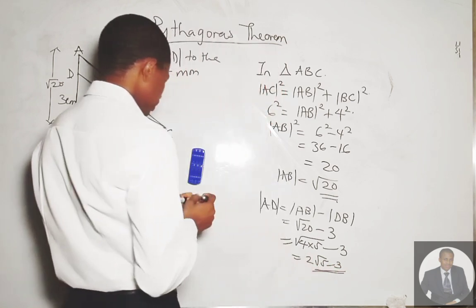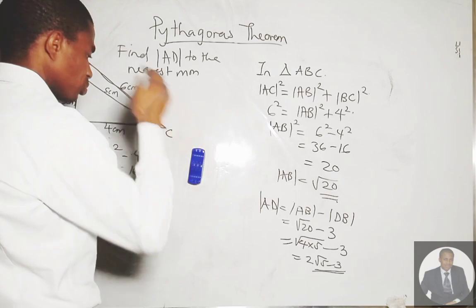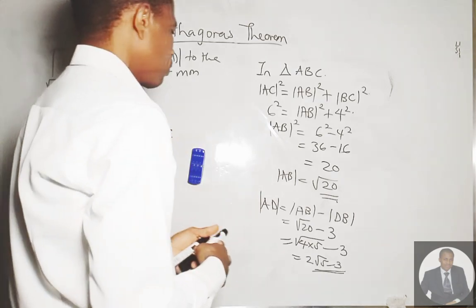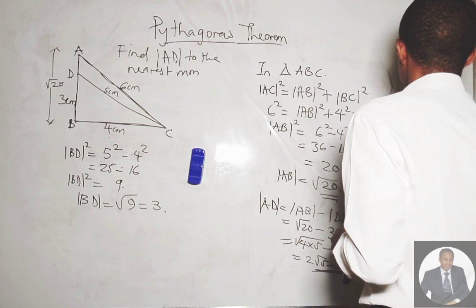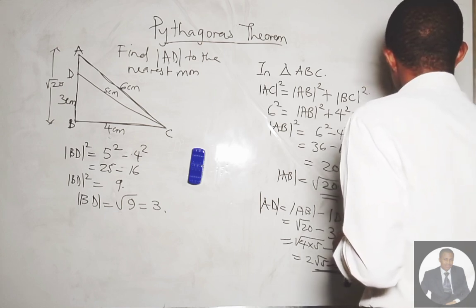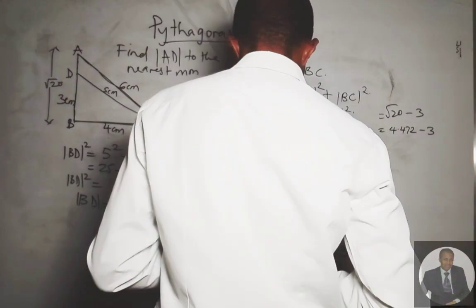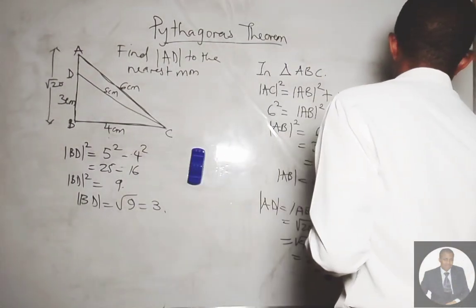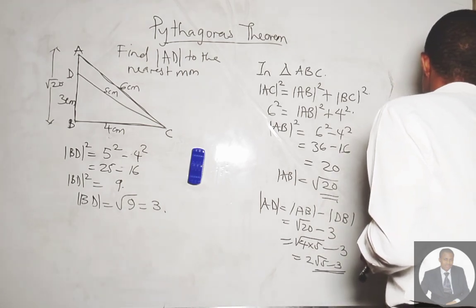Now, what's 2 root 5 minus 3? Root 20 will give us 4.472 minus 3. 4.472 minus 3 will give us 1.472 centimeter.